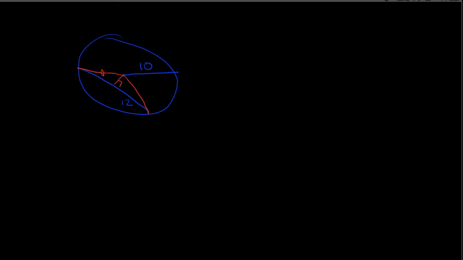These are going to be congruent because they're going to be the radius of the circle. So it's like the point from the center to the edge of the circle. It's going to be congruent. So I end up having an isosceles triangle. And we know that the perpendicular here is going to break it up into two congruent pieces. So that's one of the properties of the altitude of an isosceles triangle.